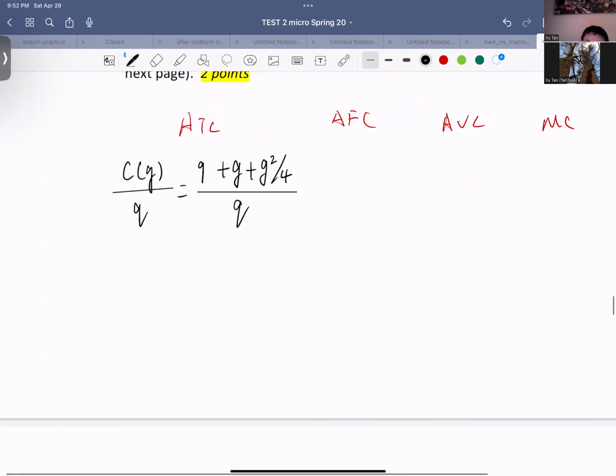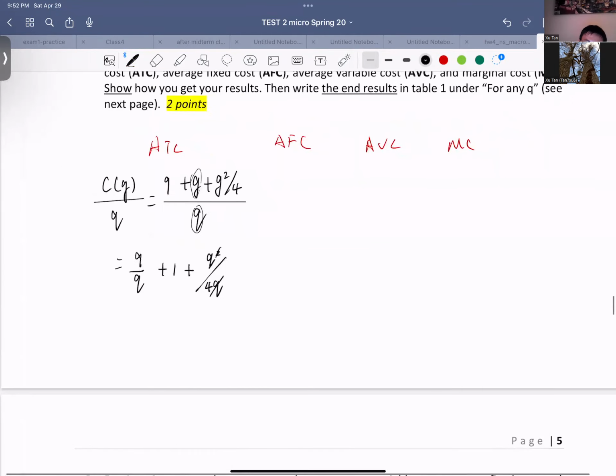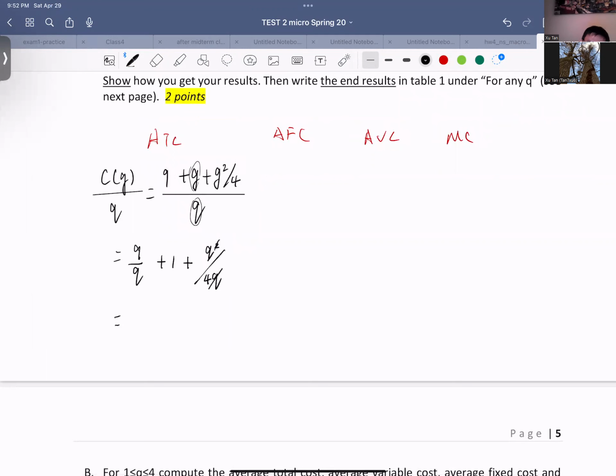So this equals 9 divided by Q, plus Q divided by Q is 1, plus Q squared divided by 4Q. The Q cancels out, so this equals Q divided by 4. The average total cost function equals 1 plus 9 divided by Q plus Q divided by 4.